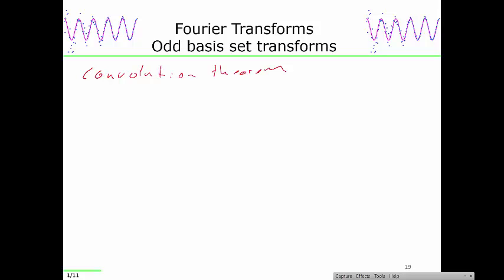There we go. So convolution. We'll define the result of convolution as being c of t, defined to be the integral of f of t times f of t minus t prime, from negative infinity to infinity.